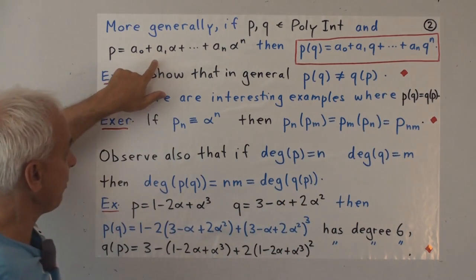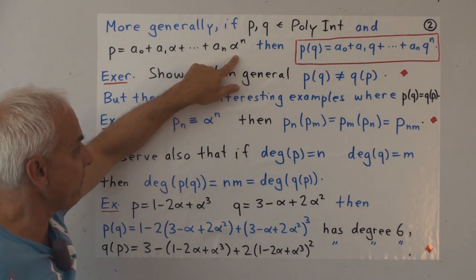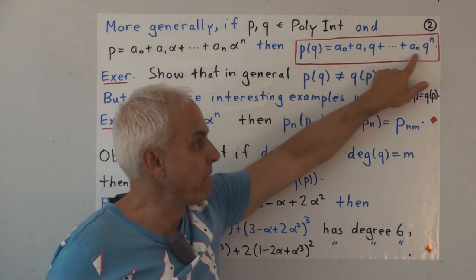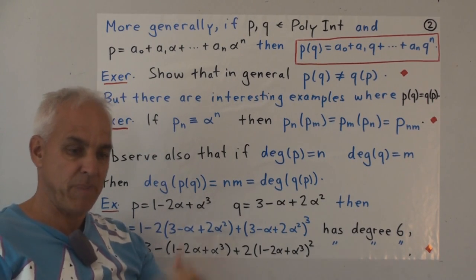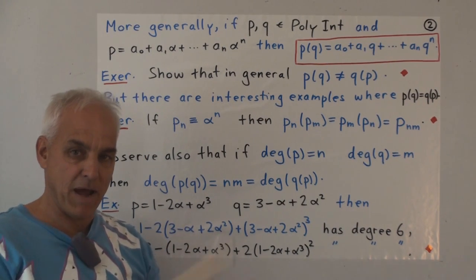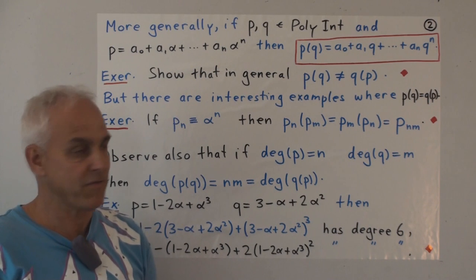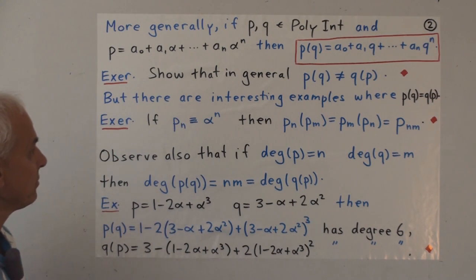We replace each of the powers of alpha here by the corresponding powers of Q. Q is a polynumber, so the powers of Q are just obtained by multiplying Q by itself as many times as required.